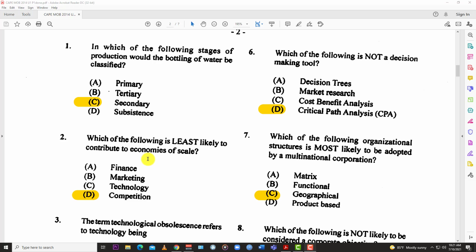But competition can force you to be more competitive in terms of pricing and more efficient, but for the most part competition doesn't really lead to economies of scale in that way.